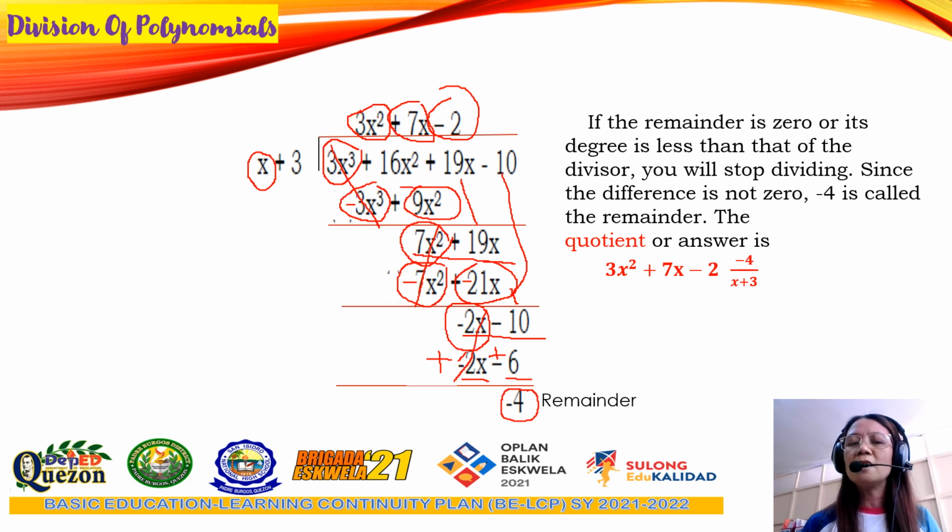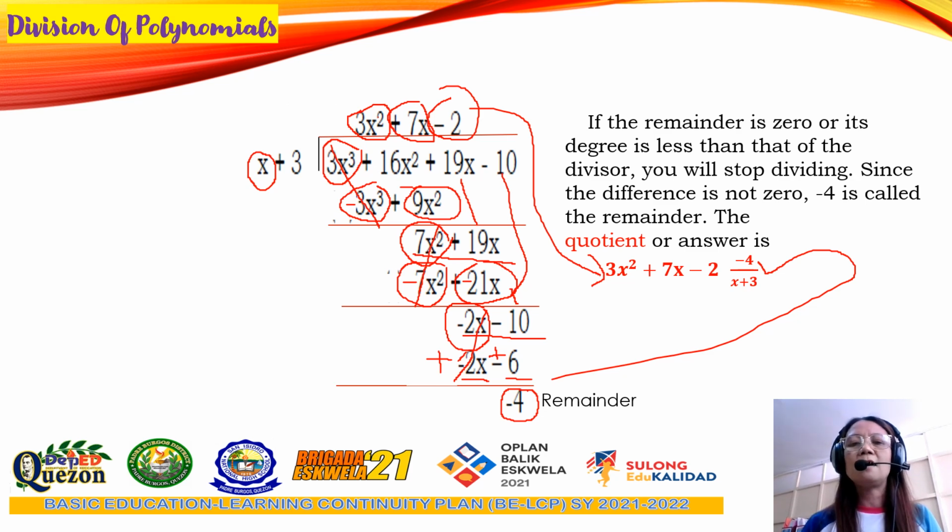Since the difference is na 0, negative 4 is called the remainder. And after that, isusulat nyo lang yung inyong quotient sa ganitong form. Galing siya dito, 3x squared plus 7x minus 2, remainder, negative 4 over the divisor x plus 3.